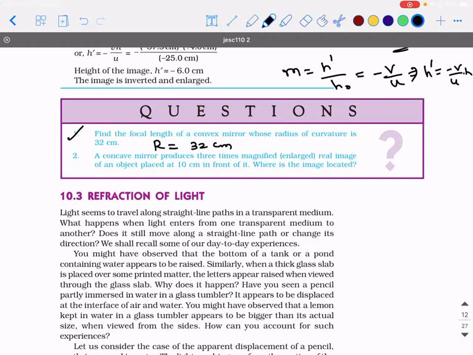This is how a convex mirror looks like. Radius of curvature will be on the right hand side, no? So yes, sir, positive. It is positive. So plus 32. So focal length will be plus 16. Clear? So radius of curvature is plus 32 and the focal length is plus 16 centimeter.